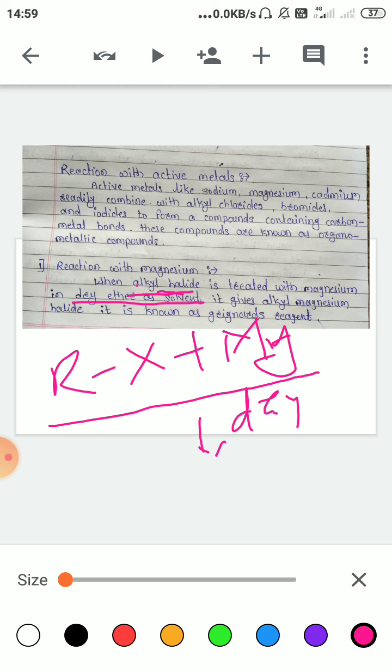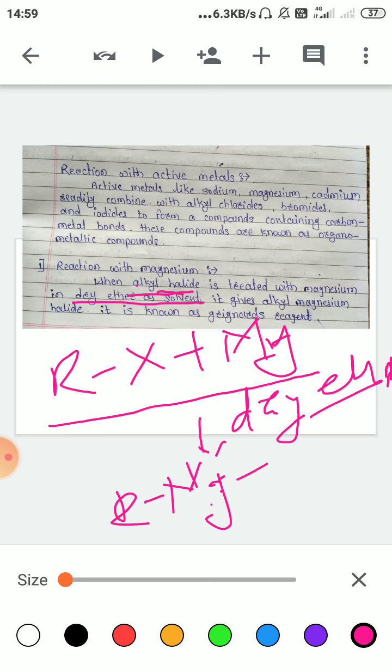The role of dry ether is only as a solvent. In presence of dry ether, it gives RMgX, and this RMgX is called a Grignard's reagent.